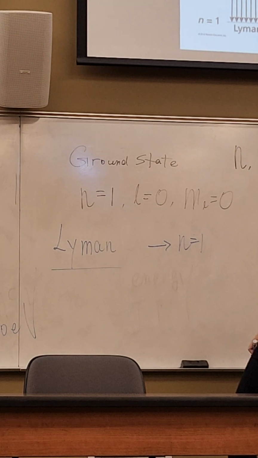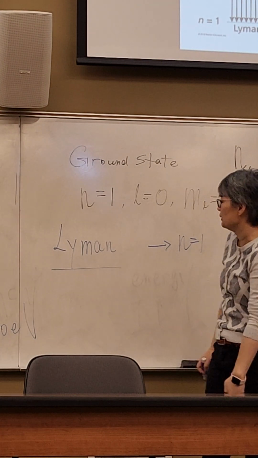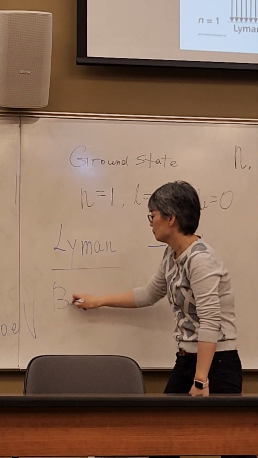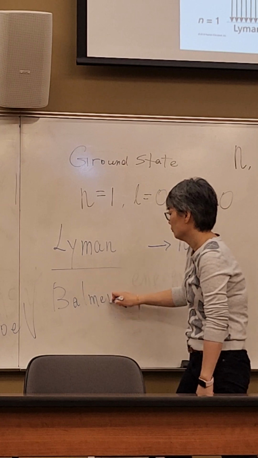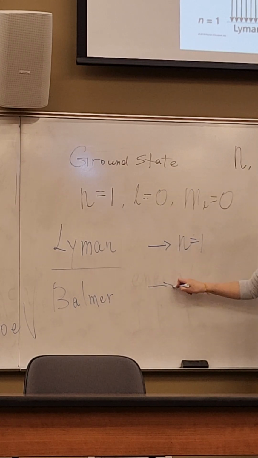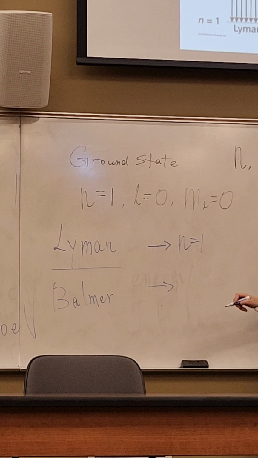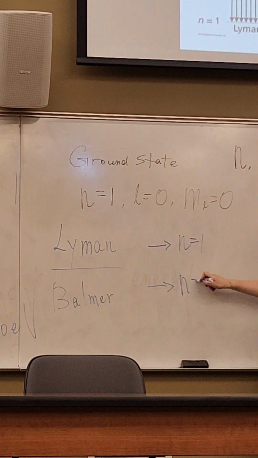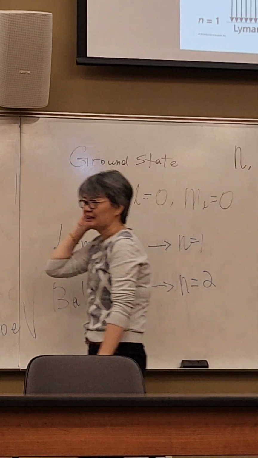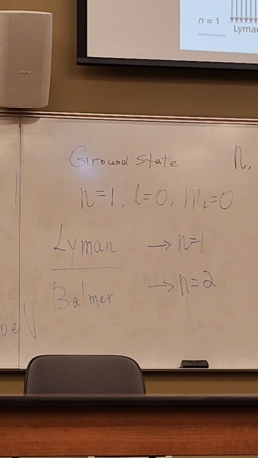Now how about the second one, the Balmer series? That is, all the transitions go to n equal to 2. Very good. And then you can keep it going.